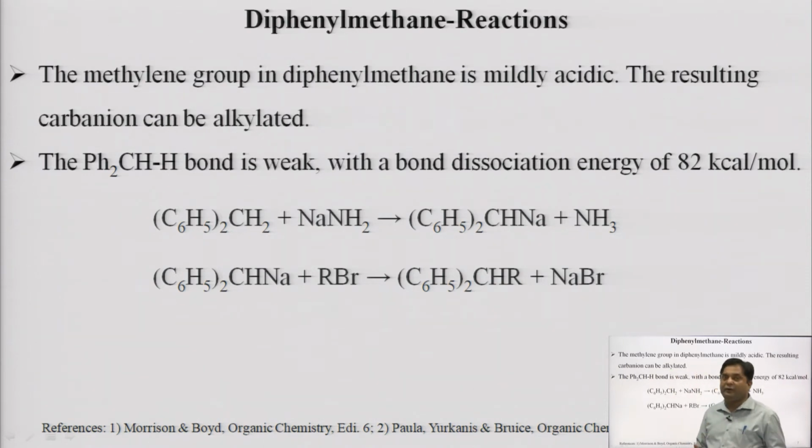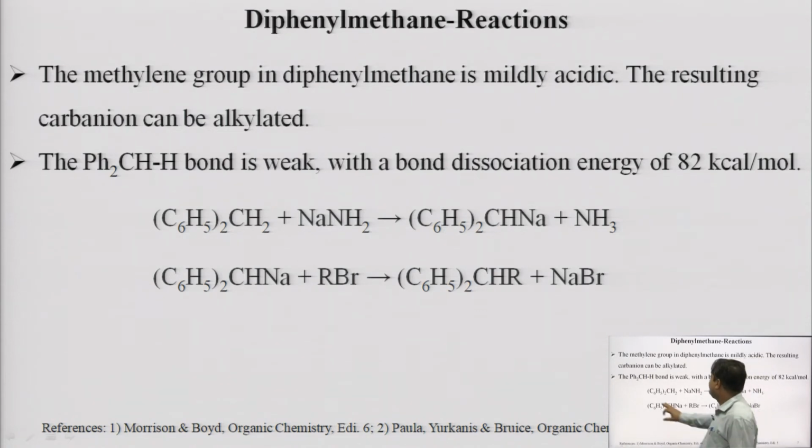I have told you earlier that the hydrogen on the methylene group is acidic and can be removed easily in the presence of some base, and after the removal it provides a carbanion. That carbanion is very active and will react with another positively charged species and give different products.